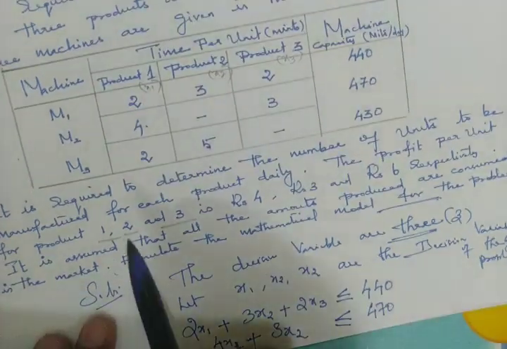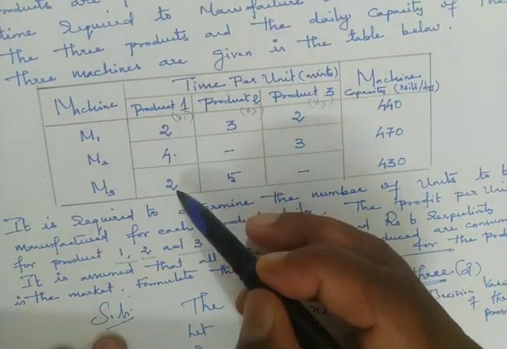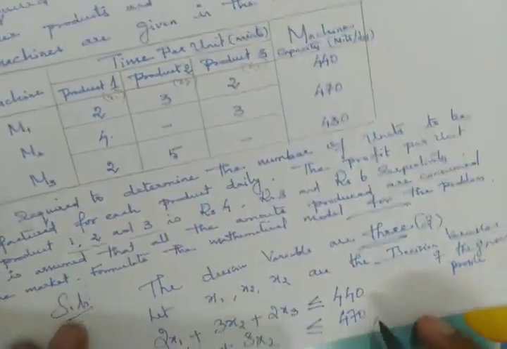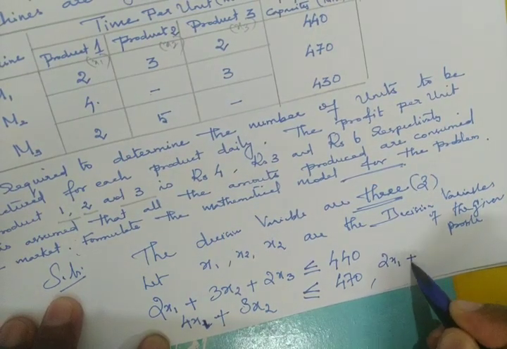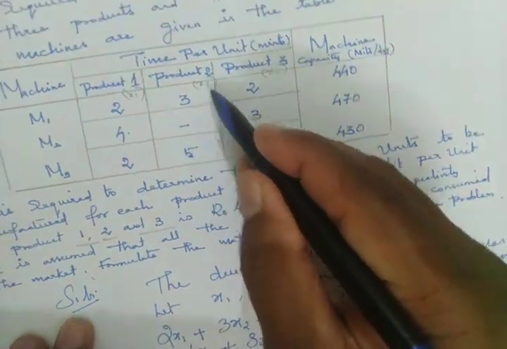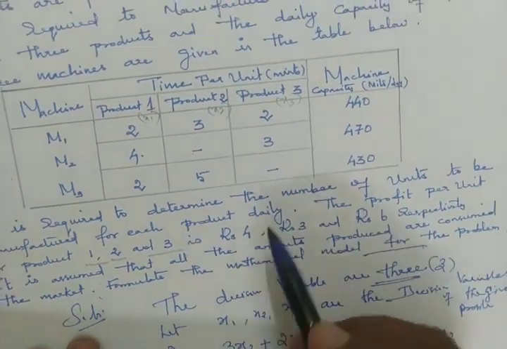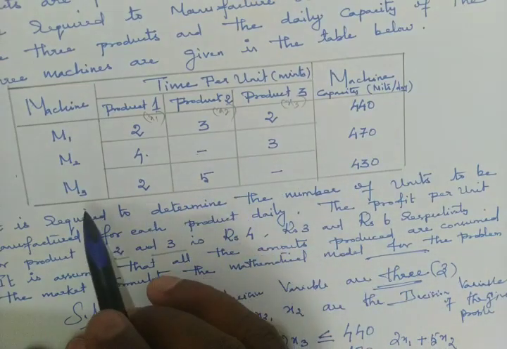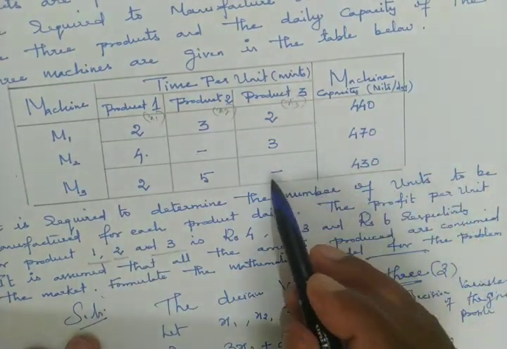Now similarly, the third constraint for machine 3: 2 into x1 plus 5 into x2. In this problem, the machine is not functioning for product 3, so they put a dash.